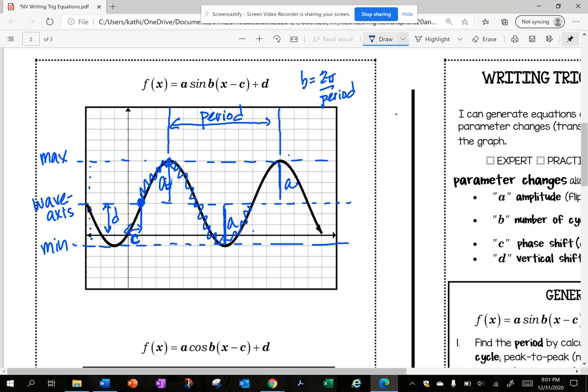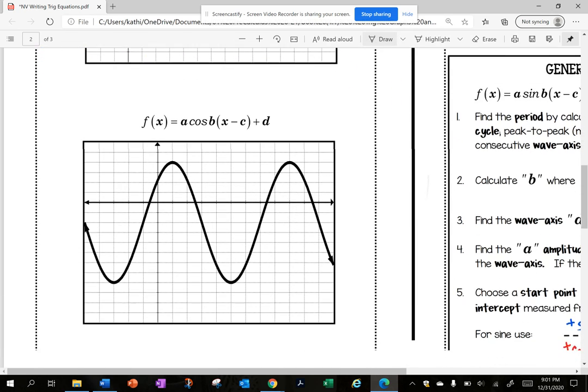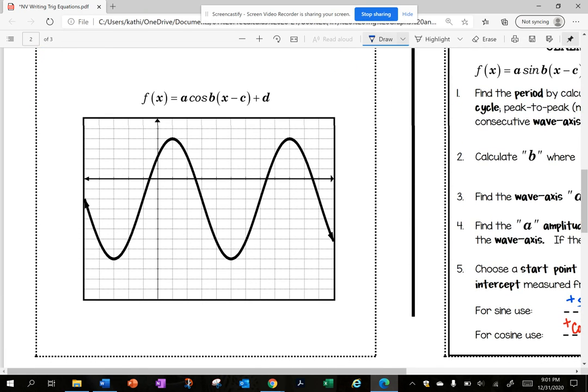Same thing for cosine. So again, my period is going to be from peak to peak. Most people try to write maximum to maximum, but it's peak to peak. So my period is 2 pi divided by b.